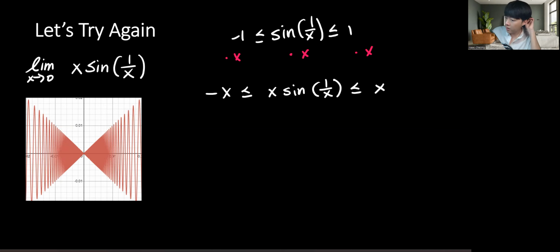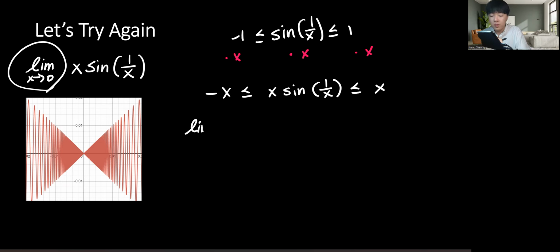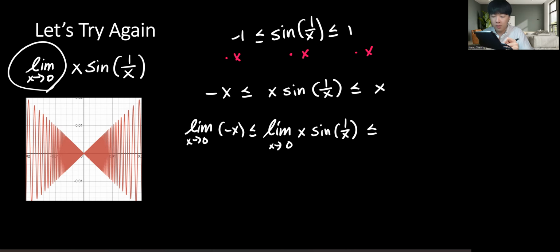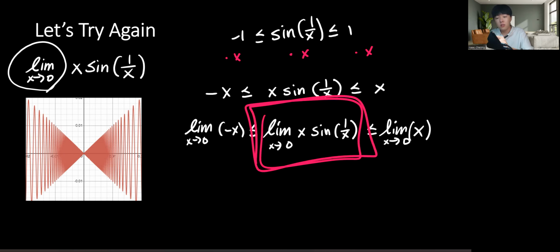Next, to use the squeeze theorem, we put the limit, because this is what we want to evaluate. So the limit as x goes to 0 of -x is less than x sin(1/x), and then the limit as x goes to 0 of x. This middle thing is what we want to get.